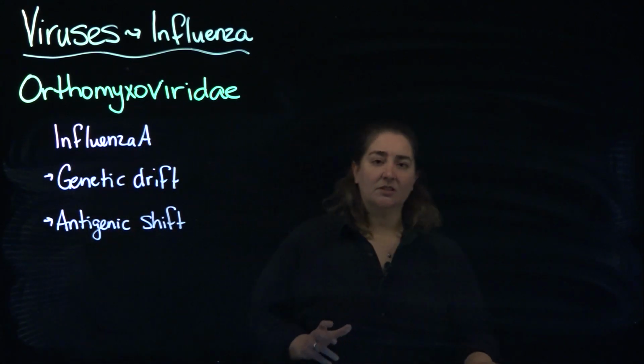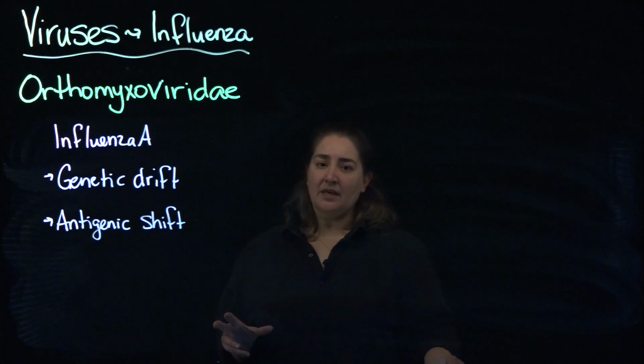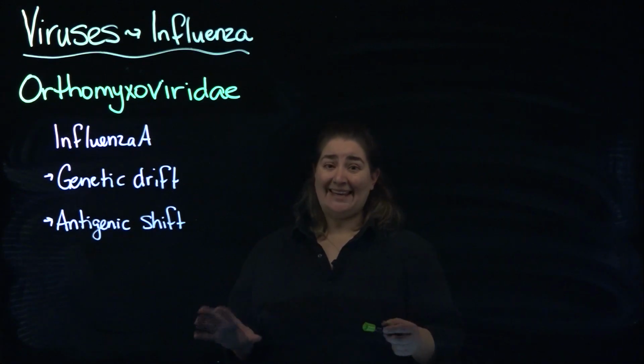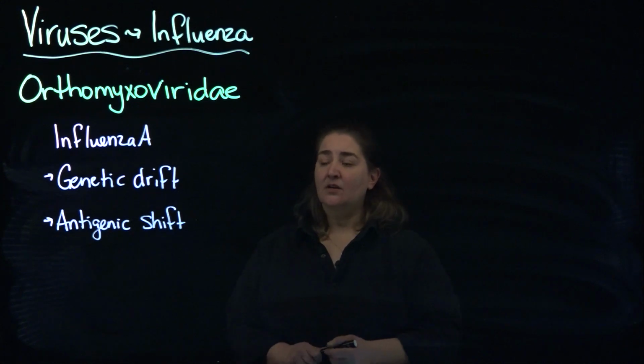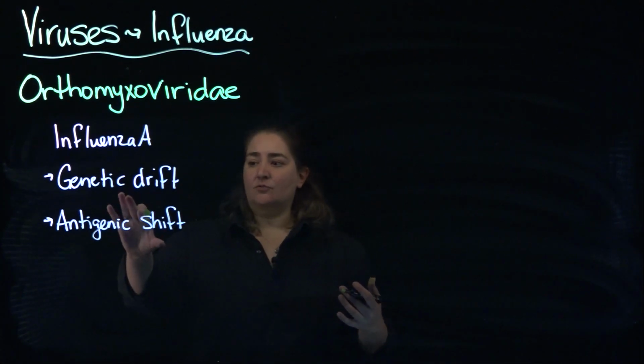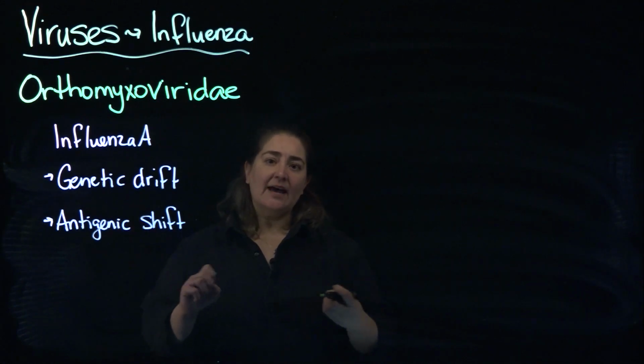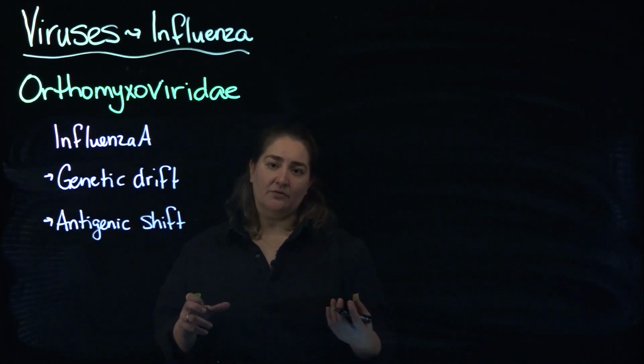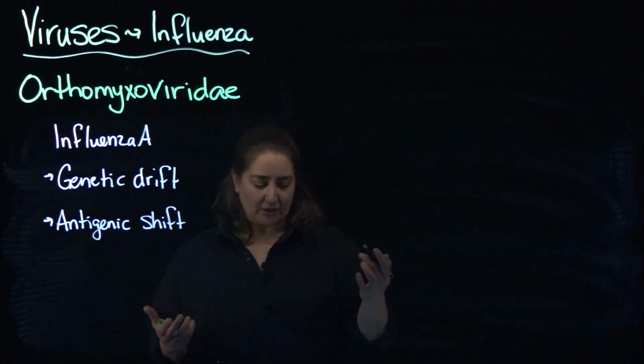And it's something that just occurs with influenza type A with those H and N glycoproteins, with the hemagglutinin and the neuraminidase. What happens? And the basic difference between drift and shift is how big the change is associated with the virus, or at least that's part of it, okay?